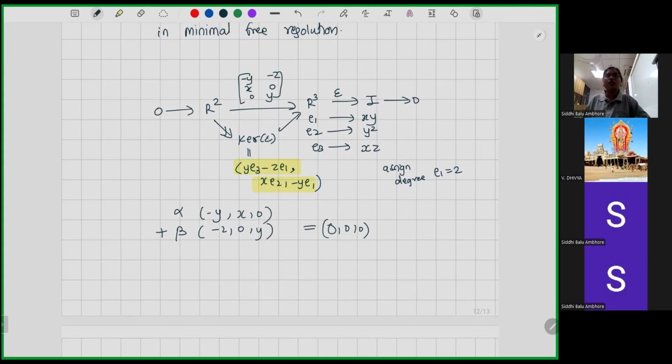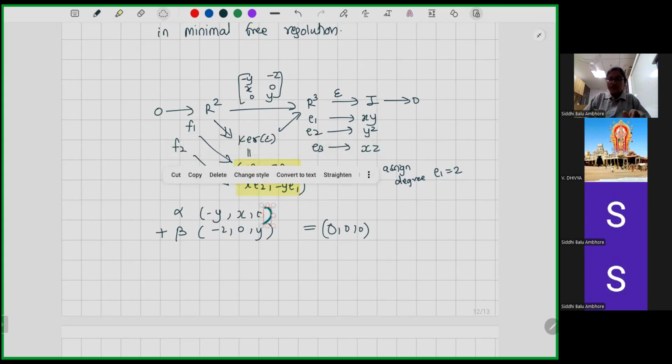But for this map, Ei is of degree 2 and YE3 is of degree 3. So to make it a degree preserving map, if I consider this R2, with F1 going to this first element and F2 going to this second element, I need to assign some degree to F1, F2, and assign it to be 3.